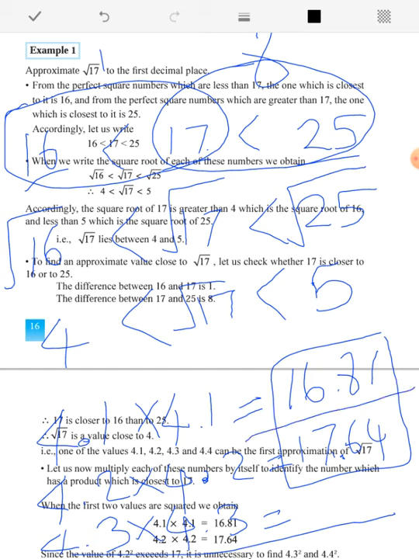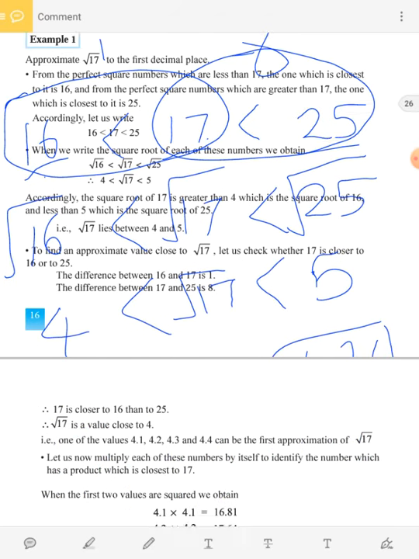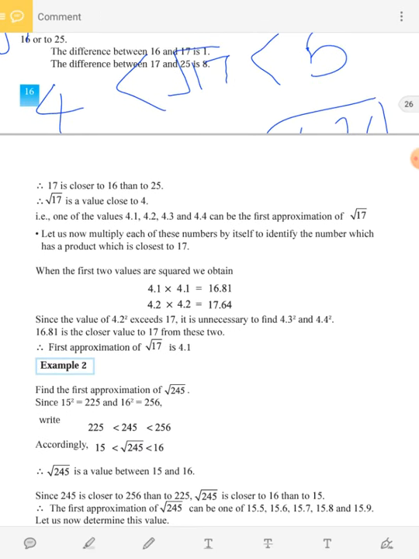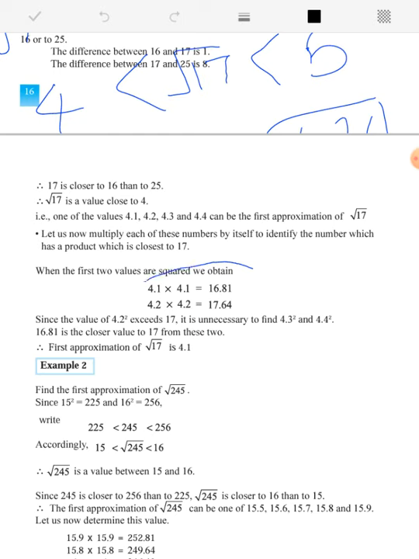I will write it like this: 17 and 16.81, 17.64.